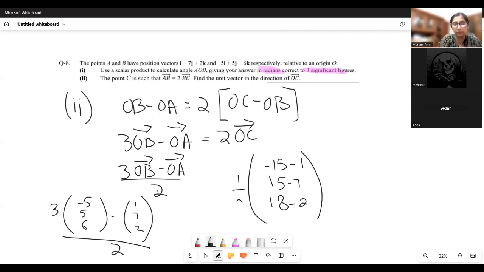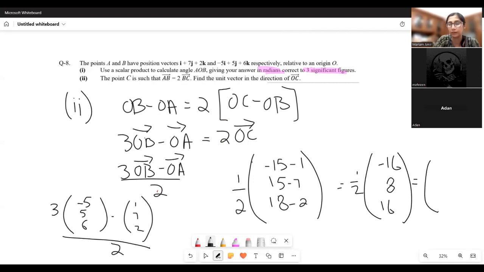And you can multiply it with half or divide it by 2, it's the same thing. So we get half of minus 16, 8, and 16. That gives minus 8, 4, and 8. That is the vector OC.